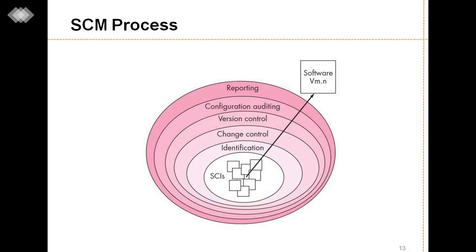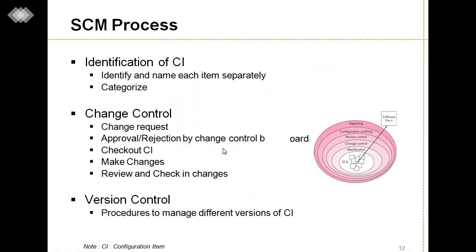So these are the SCM processes by which all modules are handled during the design of the software. First is identification of CI. It identifies and names each item separately or categorizes them.